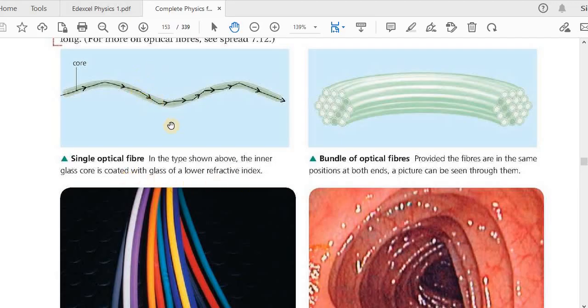So the outer glass has a lesser refractive index, inside glass has a higher refractive index. So it's more dense, also we can say denser. Inside material is denser than the outside material. Only then can you have total internal reflection within that material, because it has to strike a less dense surface at the interface for total internal reflection to occur.